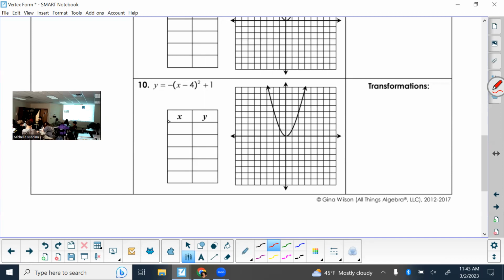Up by 1. Okay, up 1. Good, because this is the K. The K gives me my up or down movement. I know there's more because otherwise it would have just been x squared plus 1.